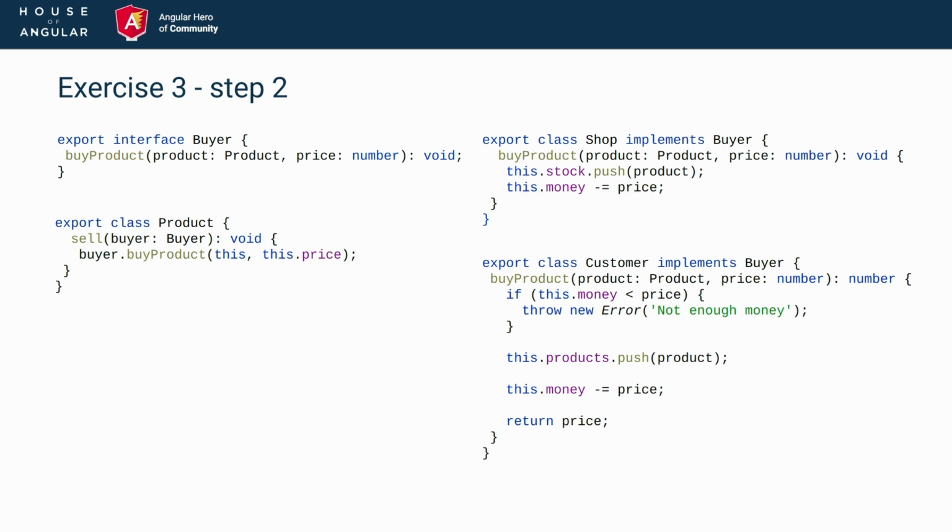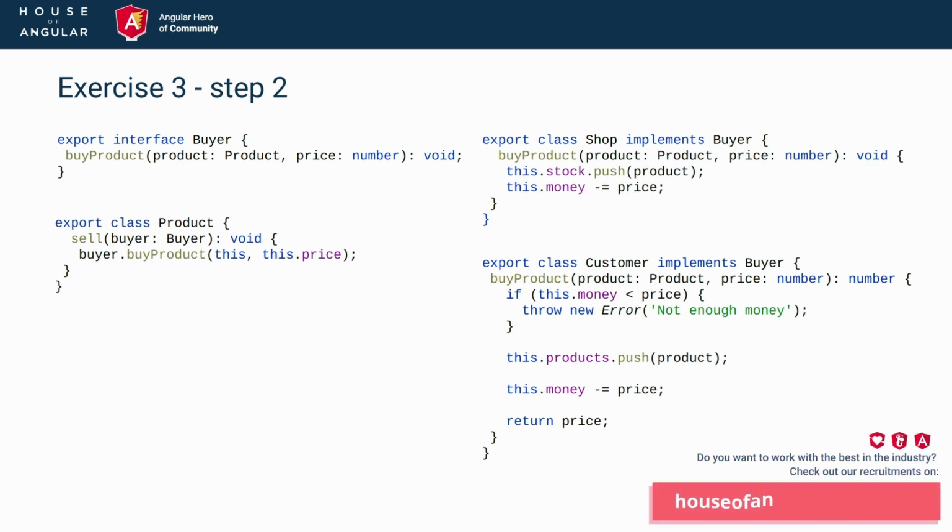And here, you can see on the right that even if they have the same method, the behavior of those methods may be different. So for example, in our shop, we don't care if the shop has money. Maybe the shop can borrow money from the bank, so it can have debt. But we want to be sure that our customer can only pay by cash.